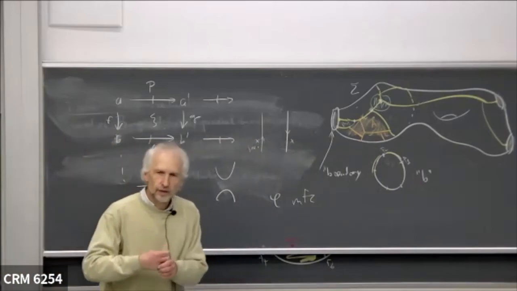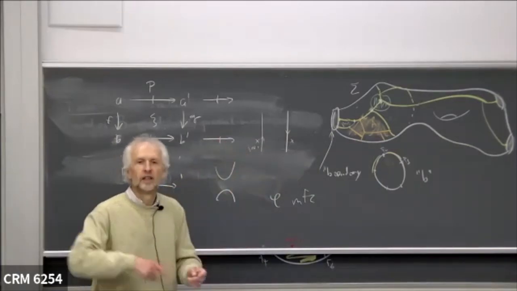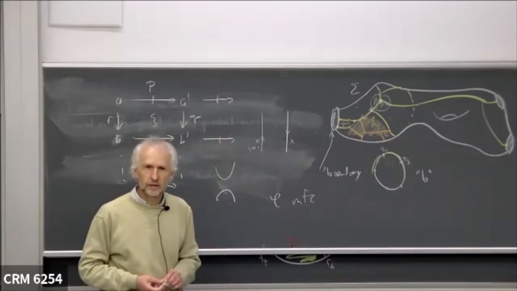So you can switch from one string net construction for a given B to one for another one, B prime.